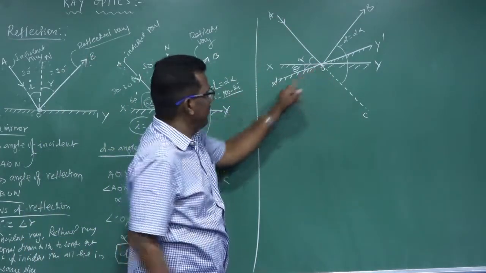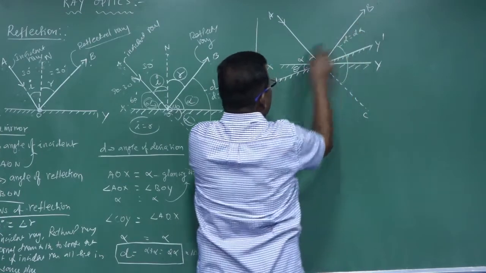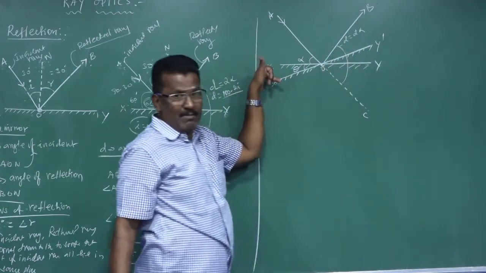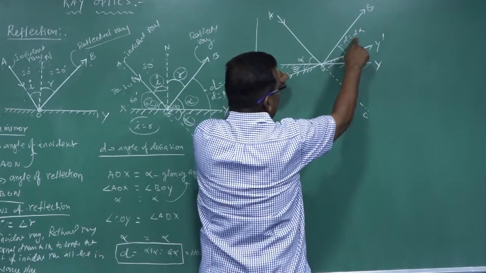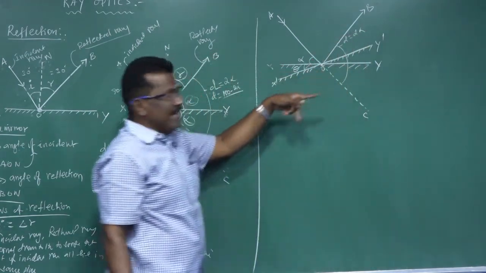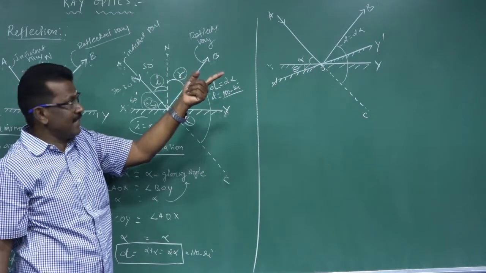AO is the incident beam, OB is the reflected beam for the XY plane. For the XY plane, D is equal to 2 alpha, the deviation is twice the glancing angle.